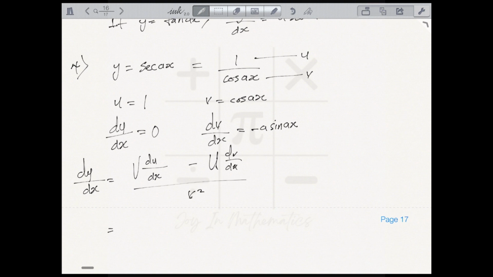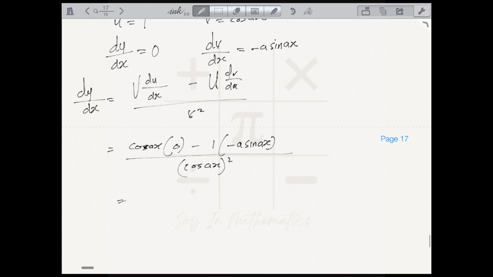So our v is cos ax, our du dx is 0, our u is 1, and our dv dx is minus a sine ax, divided by v squared, that's cos ax squared. Now if we simplify further, this turns to 0 and we'll be left with a sine ax divided by cos squared ax.